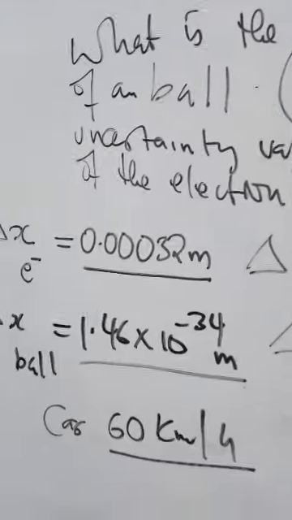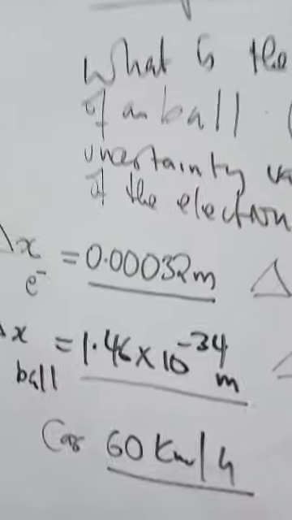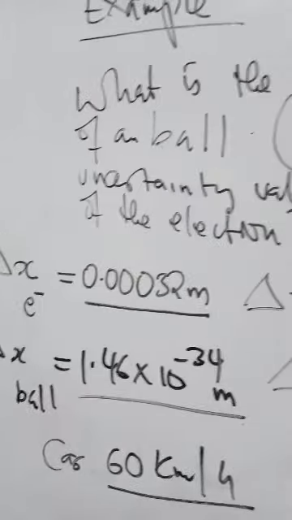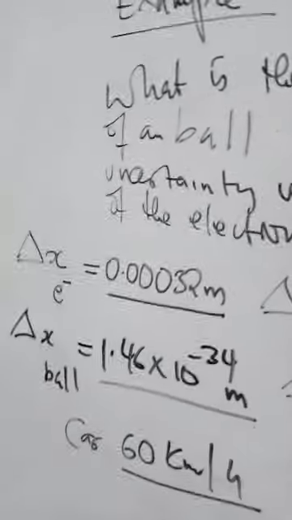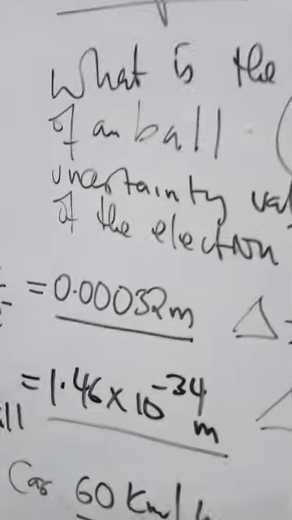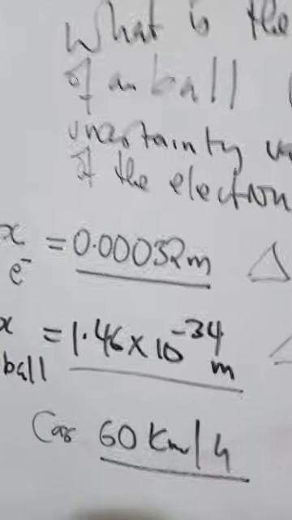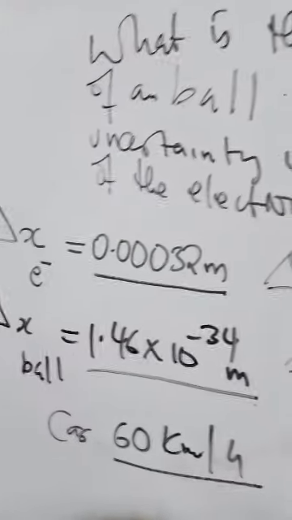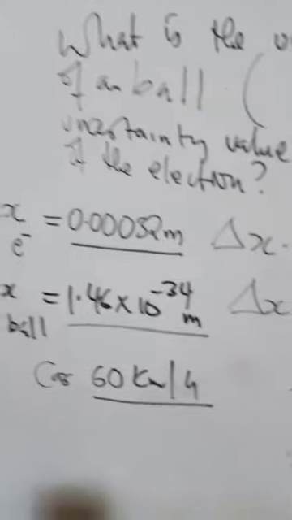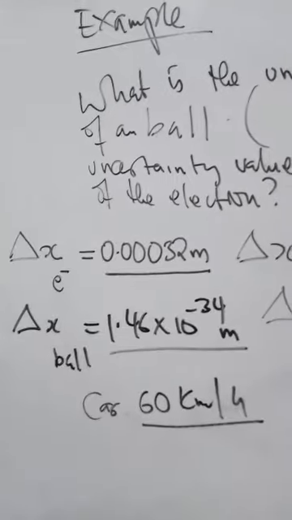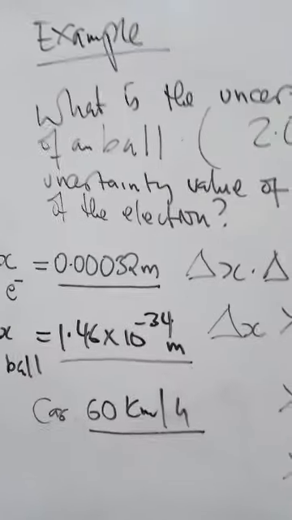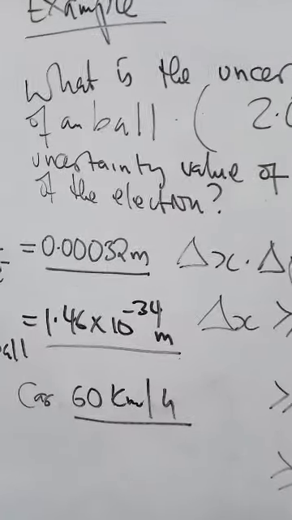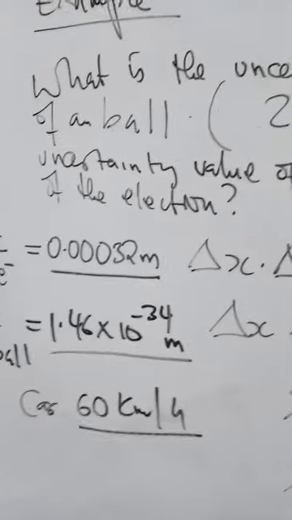But this is not so when a smaller particle such as an electron is used. You cannot know both the position and the momentum at the same time. The more you know one, the lesser you know the other. So as one increases, the other one must go down.